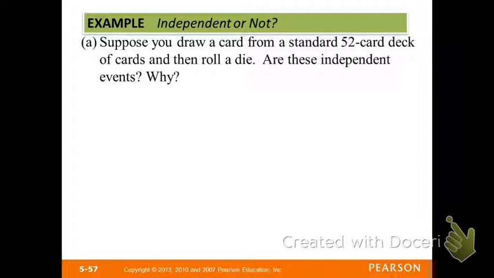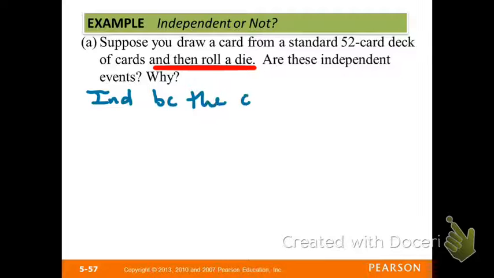Does the card that we draw have anything to do with what's going to happen on the die? The answer is absolutely not. These are completely independent.